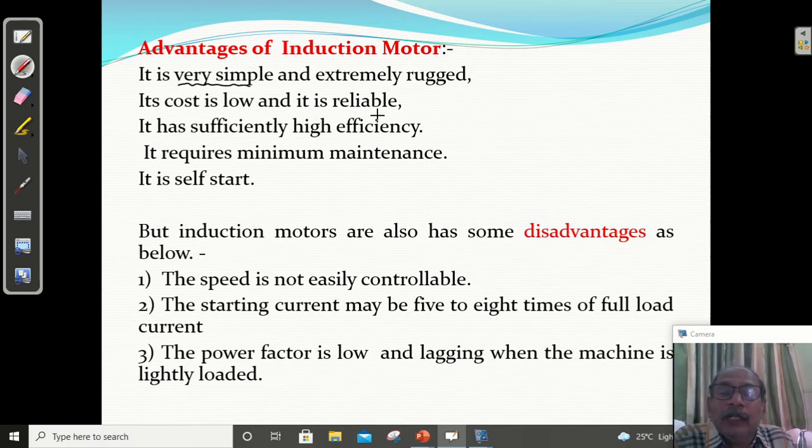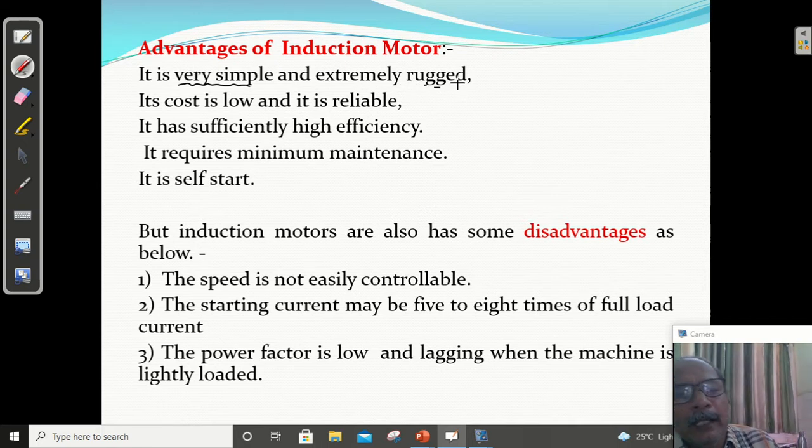Extremely rugged means it is a very sturdy type of machine, because the rotor winding is directly shorted. Both ends of the rotor winding are shorted.